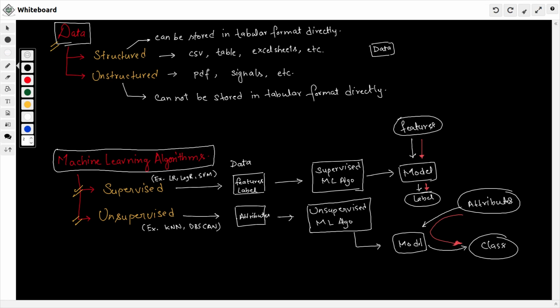Now on that flow diagram we saw that the first thing that we want to talk about will be the data, and after that we were moving towards the pre-processing phase.